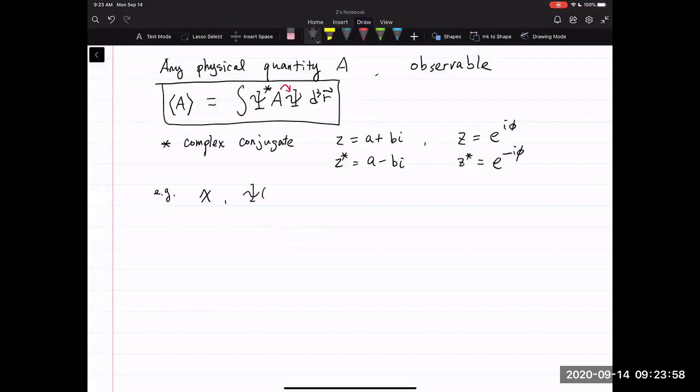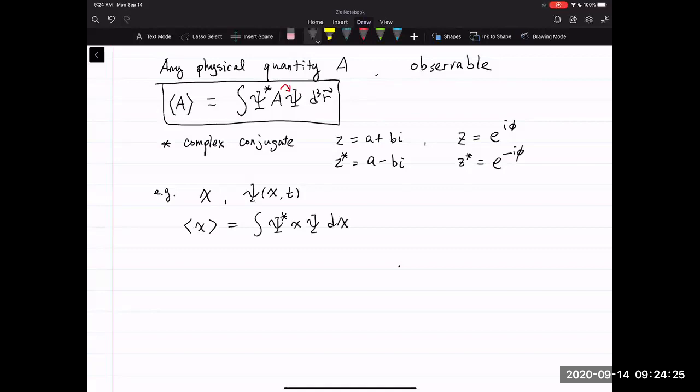So psi is a one-dimensional wave function, psi(x,t). We don't need to worry about a three-dimensional wave function. The system is one dimension. Then, what does this Born's law tell us? It means if you want to measure the location of the particle X, here we have the integral of psi star times X times psi dx.